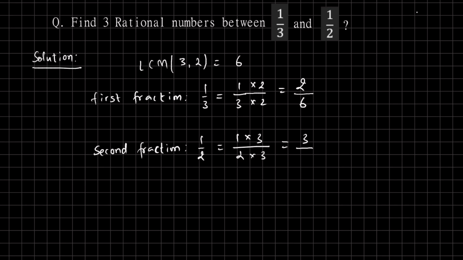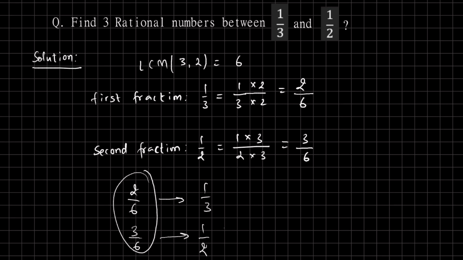So we have 3/6. So 2/6 is equivalent to 1/3 and 3/6 is equivalent to 1/2. Now using these two fractions, we can solve this question as we solved our second example.